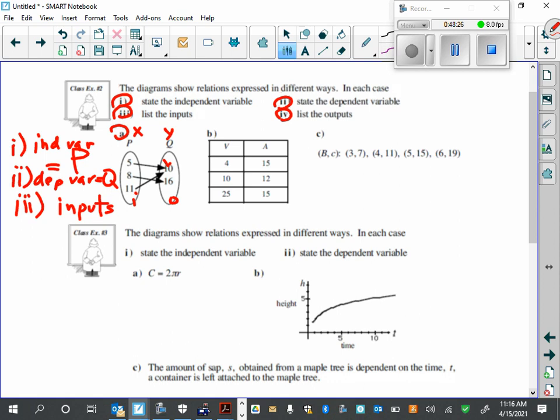So the inputs are 5, 8, and 11. That's right, with squiggly brackets. And the outputs are the Y's, or the Q's, 10 and 16. If there were 2 16s, you wouldn't put 2 16s, you just put 1 16.